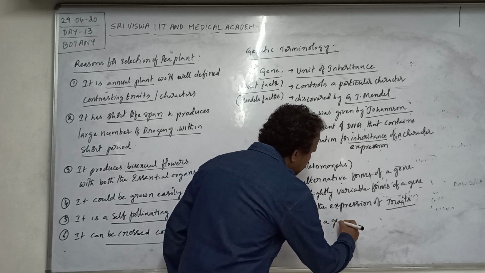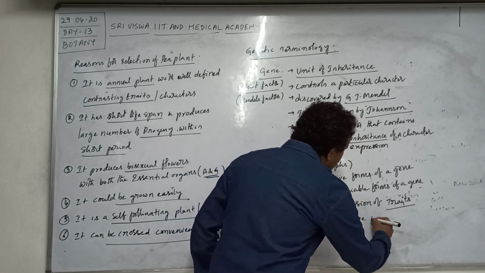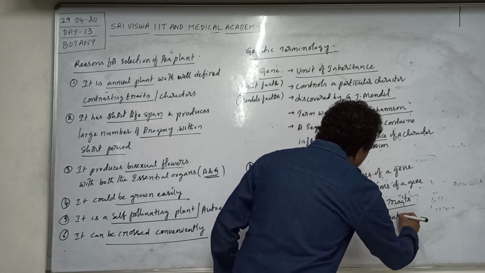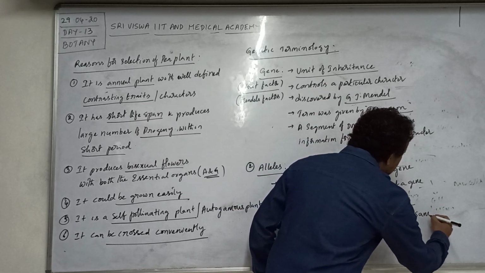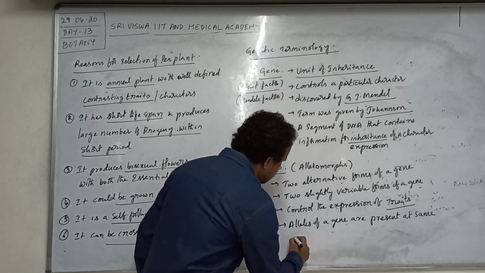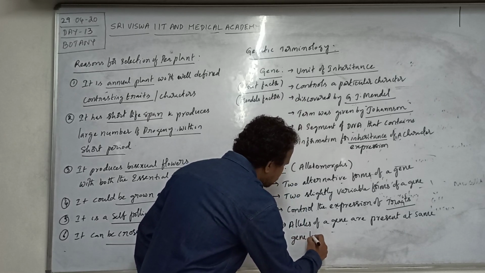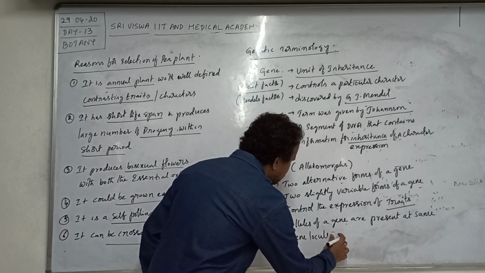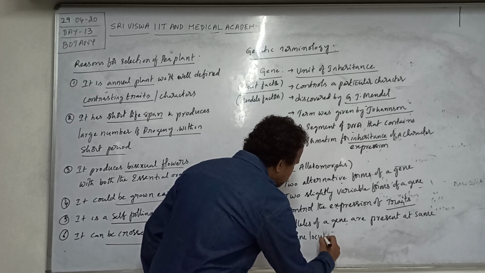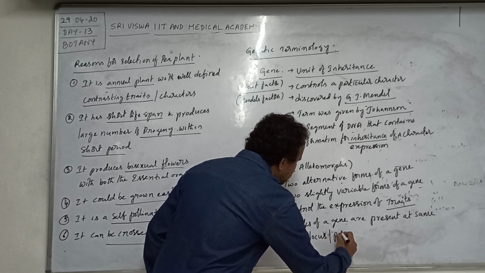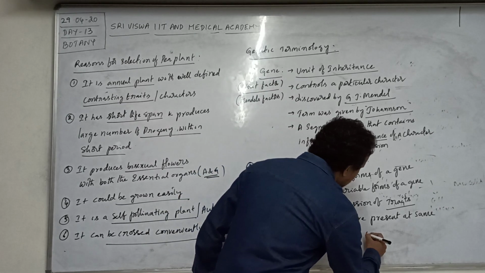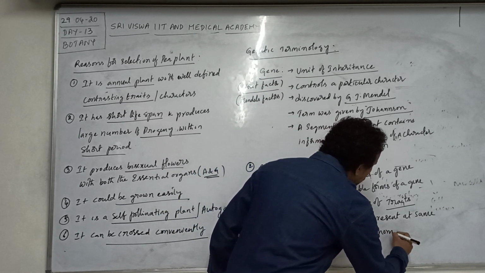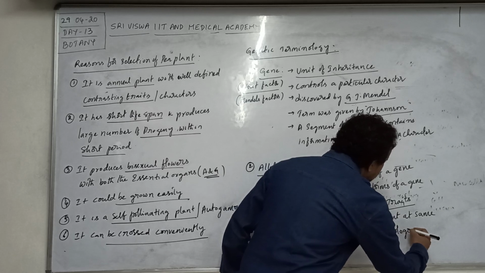Here the most important one: these alleles of a gene are present at the same position, or same gene locus, on homologous chromosomes.